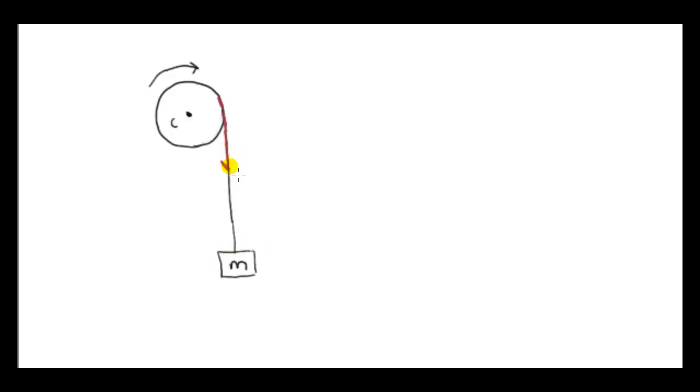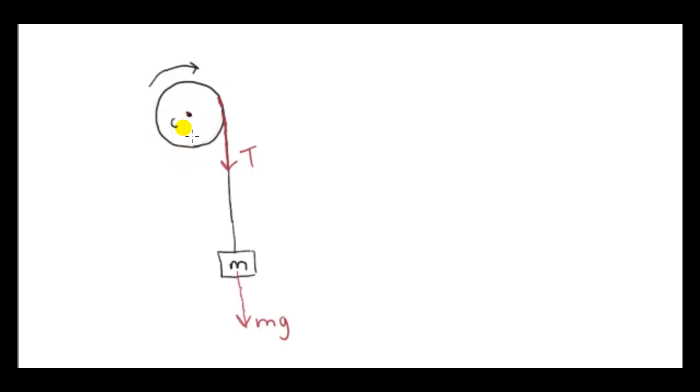But we have a force on this bit of the string. Let's call that force T, and that force is constant, because as this mass falls down, its weight never changes. It's near the surface of the earth. The system looks the same, so this force T is constant as this wheel turns. So there's a torque on this wheel.